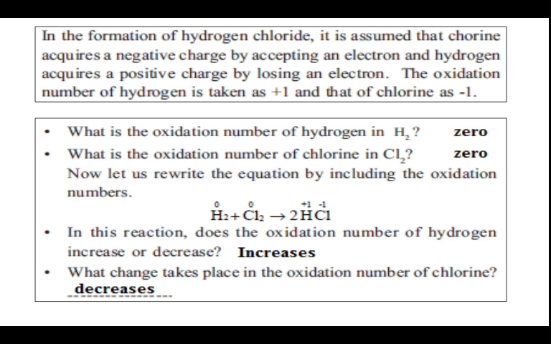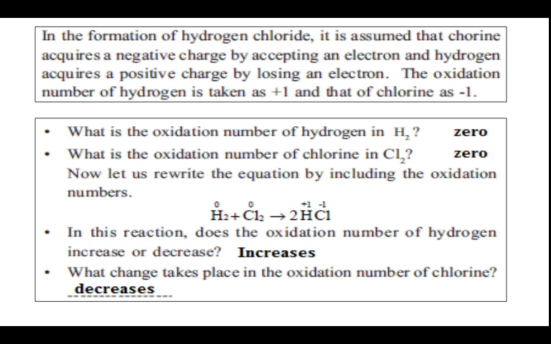In the formation of hydrogen chloride, it is assumed that chlorine acquires a negative charge by accepting an electron and hydrogen acquires a positive charge by losing an electron. The oxidation number of hydrogen is taken as +1 and that of chlorine as -1. What is the oxidation number of hydrogen in H2?